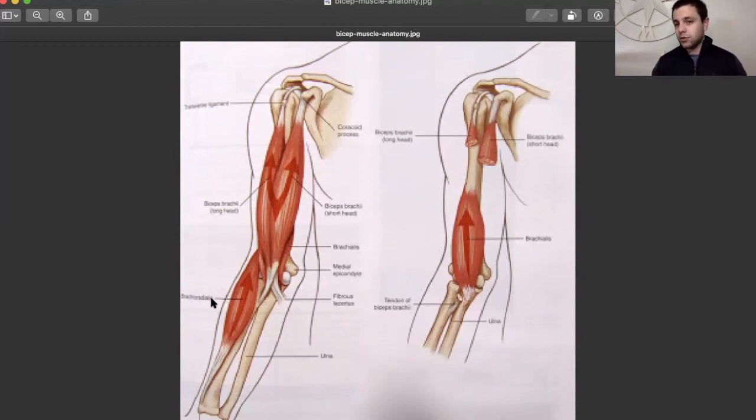But it also helps us return to neutral. So if we're in pronation, it helps us return to neutral or that hammer grip. And if we're in supination, it helps us return to that hammer or neutral grip position, all right? So it always helps us return to neutral. And when we are in neutral, as if you're doing a dumbbell hammer curl, we're going to end up recruiting that brachioradialis as well.